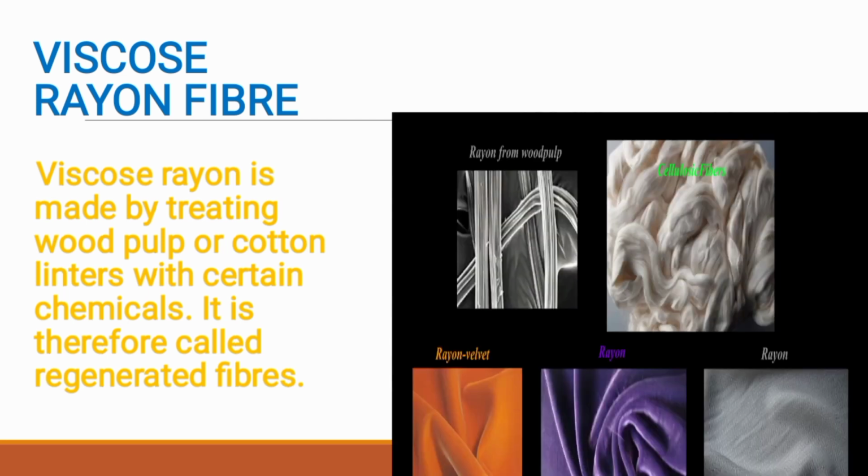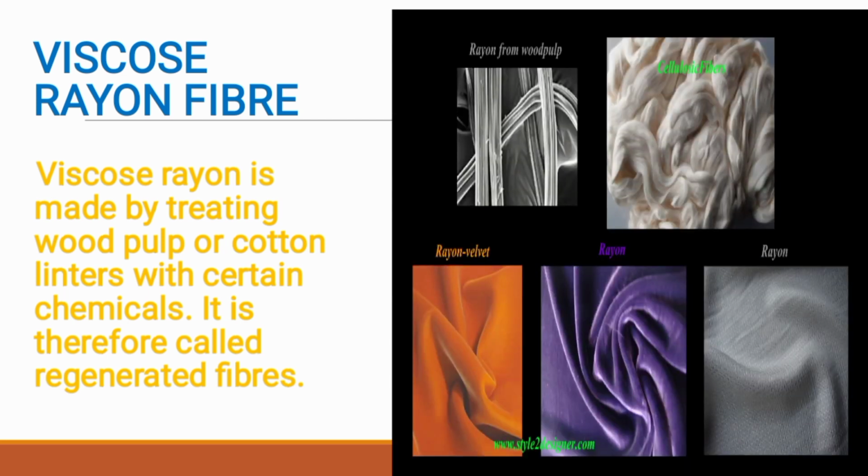So that is what happened to viscose rayon fiber. You can get the rayon from wood pulp, the cellulose based fiber, and adding chemical to it will give us cellulose based viscose rayon fibers.